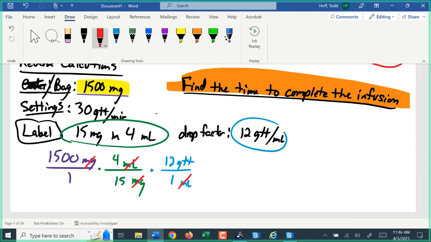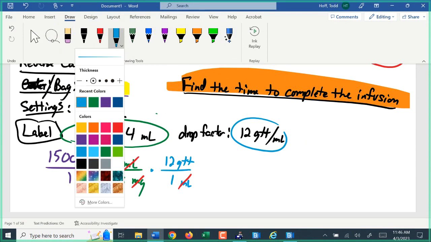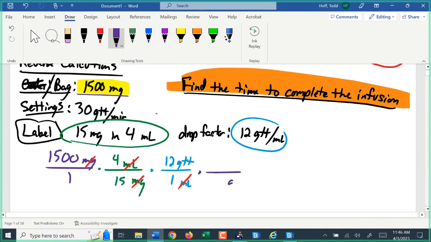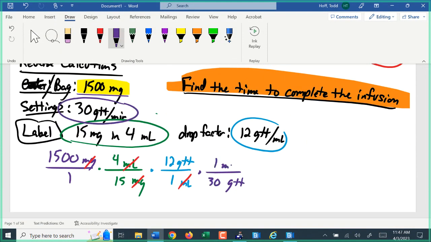Well, we don't want drops either. We want a time, so let's go to the next step. Get rid of drops. Our setting on the infuser is 30 drops per minute. So that's 30 drops in 1 minute. So right now, this will give us minutes if we go ahead and complete this calculation.